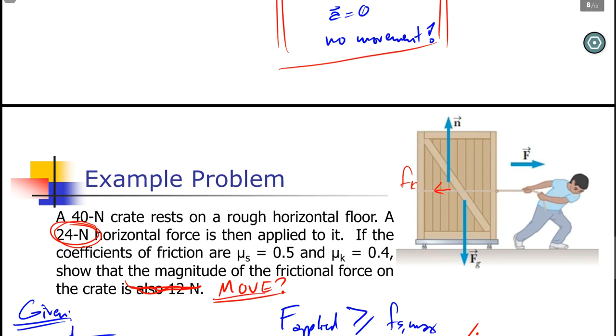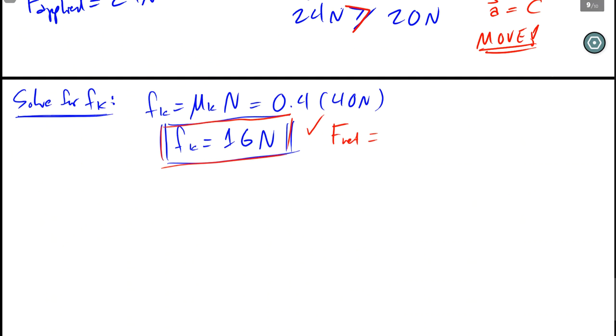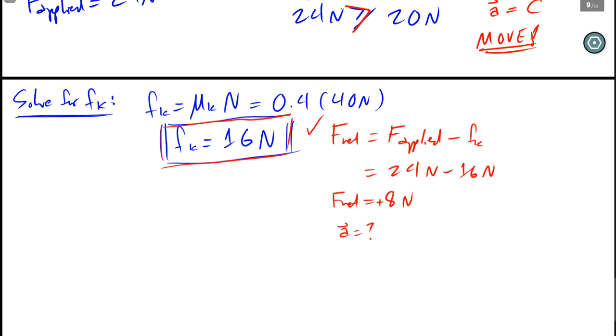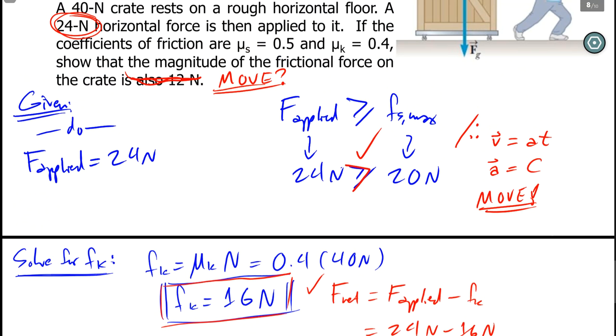And the F net is going to be F applied minus Fk. I apologize for that mishap. So that's going to be 24 newtons minus 16 newtons, so the net force is positive 8 newtons to the right. You can solve for the acceleration and the velocity later on. I think that is enough. We're going to stick with our conclusion right here that it will definitely move.